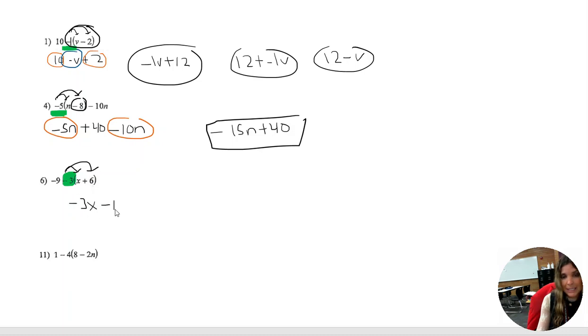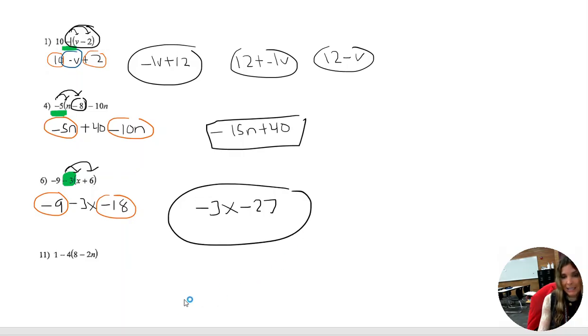Negative 3 times 6 is a negative 18. And then we still have our negative 9. So when we combine our like terms, we're combining a negative 9 with a negative 18. And if you start at a negative 9 on the number line and you combine that with a negative 18, you're going to end up at a negative 27, okay? So a negative 3x and a negative 27.